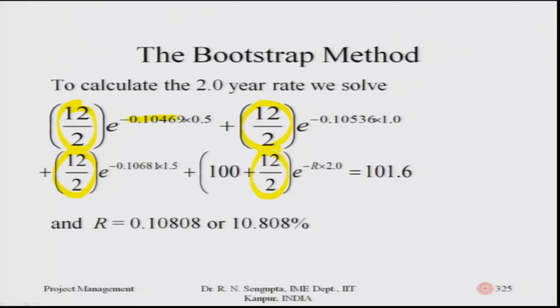So, 10.469 is the continuous compounding interest rate for 6 months, 10.536 is for 1 year, and 10.681 is for 1.5 years. Now, we do not know the continuous compounding interest rate for 2 years, so we consider it as R, equate it to the value of 101.6 as given in the table, and solve this equation to get the value of R. The R value comes out to be 10.808, the continuous compounding interest rate for a 2-year period.